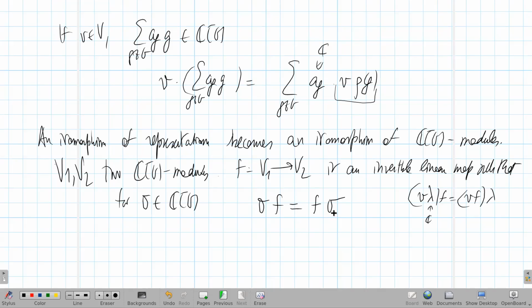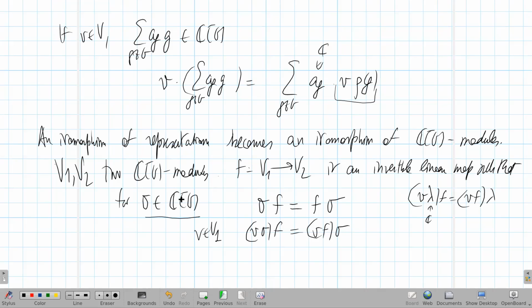And what we are doing here is the same, but with the whole elements of CG. So sigma F equals F sigma. This is an equality of maps, so of course it means that if you take any v in V1, you will have this. It's like being linear, homogeneous actually, meaning pulling out lambda in the complex numbers, and here you can pull out the element of CG.